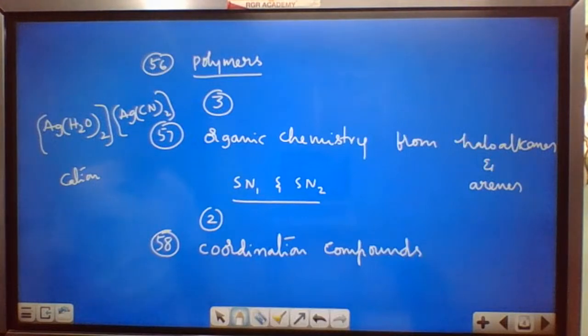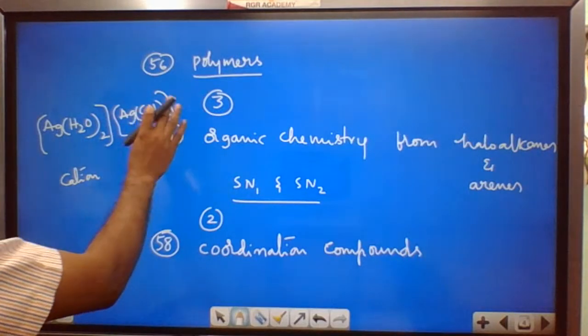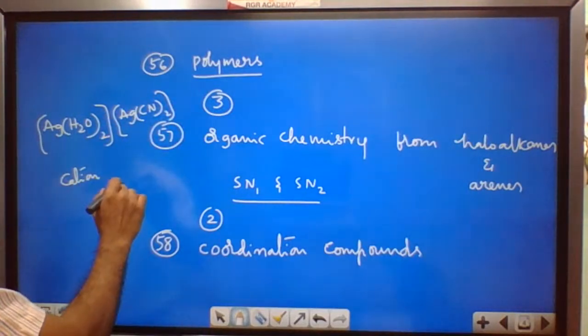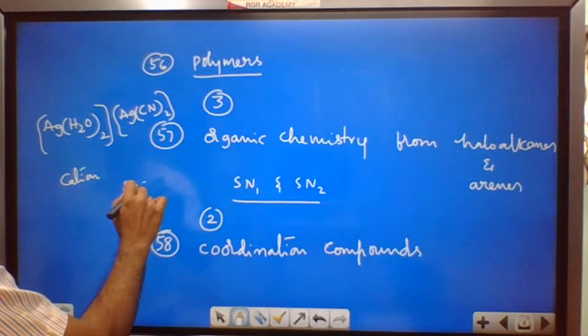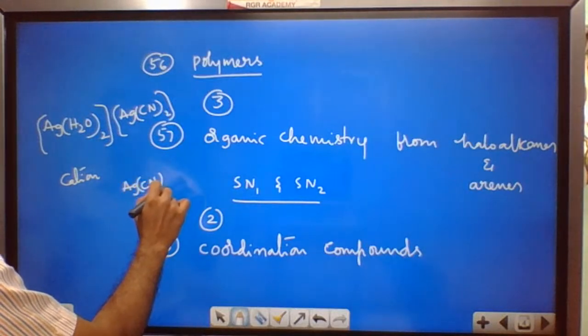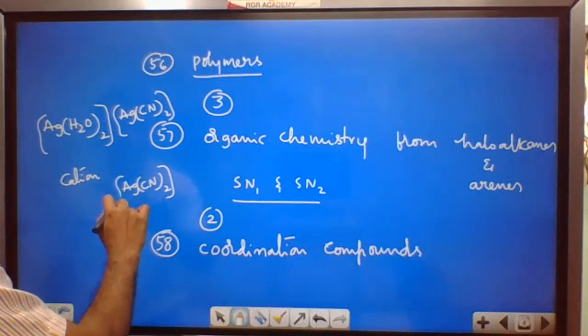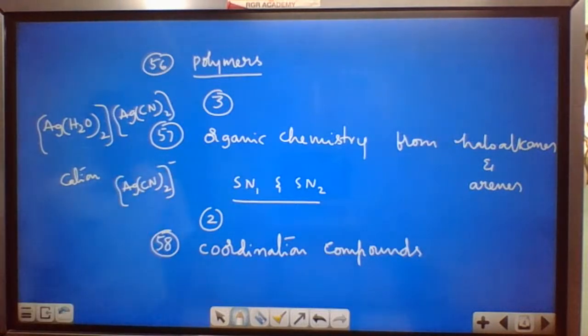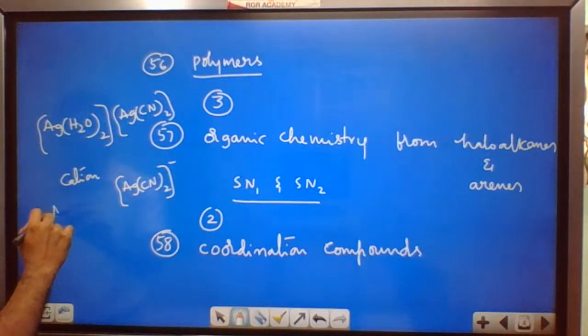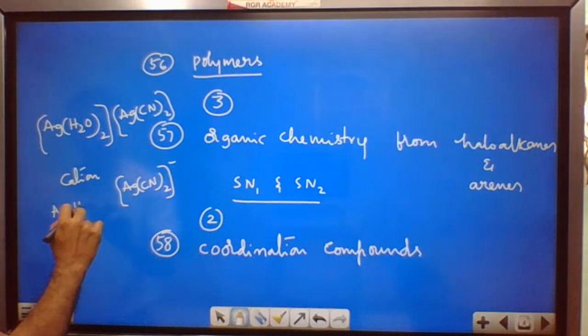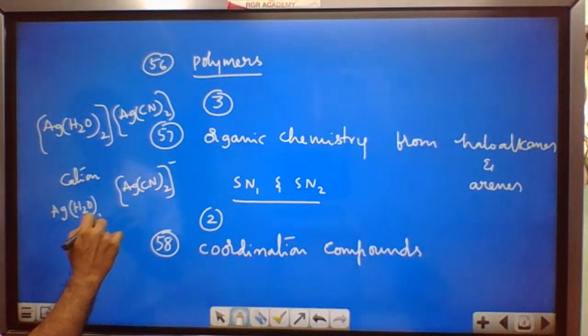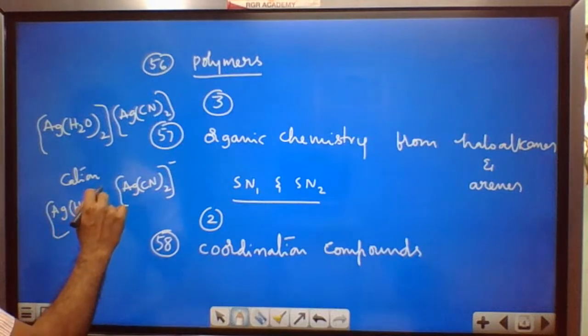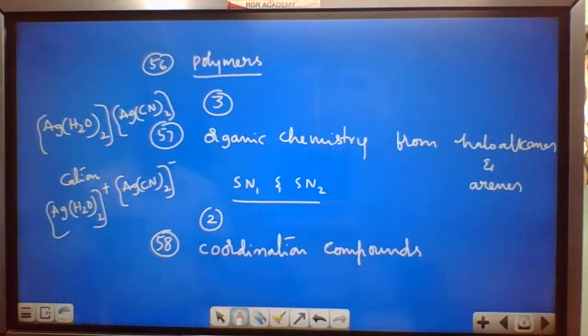This is the question. Naturally it forms the anion, so it will be [Ag(CN)2]minus, and [Ag(H2O)2]plus.